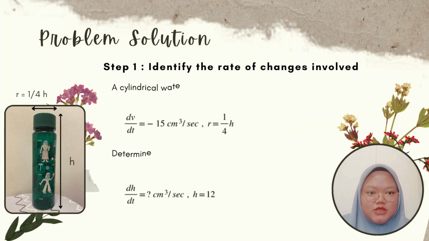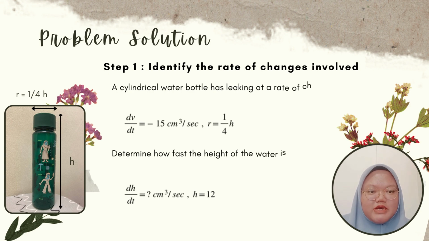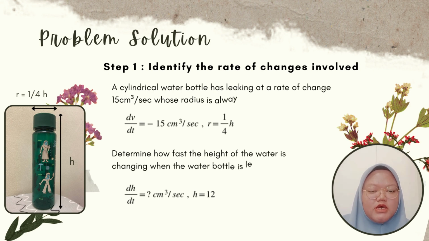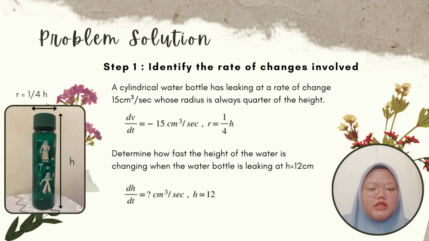Problem solution. First and foremost, we must identify the rates of change that are known and the rate of change that is to be found. Therefore, we conclude that the rate of change of the volume is negative because it states that the water bottle is leaking. That means the derivative of V with respect to t is negative 15 cm³ per second, and the radius is equal to 1/4 of the height.